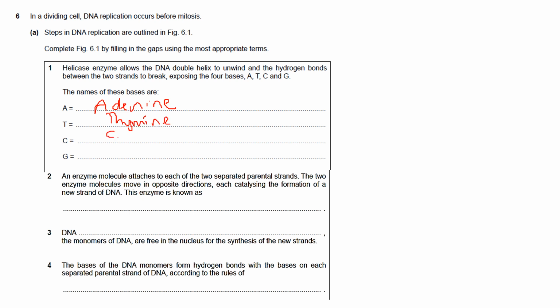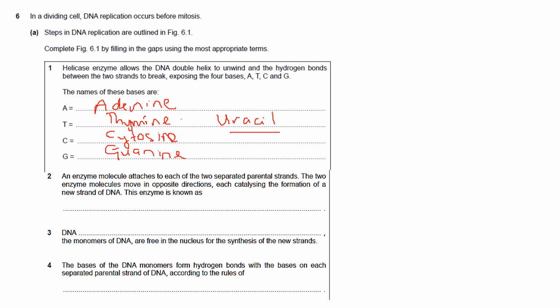Okay, C is cytosine, and G is guanine. If we were speaking about RNA, there would be no thymine, rather there would be uracil. Okay, so just make sure you have that at the back of your mind.